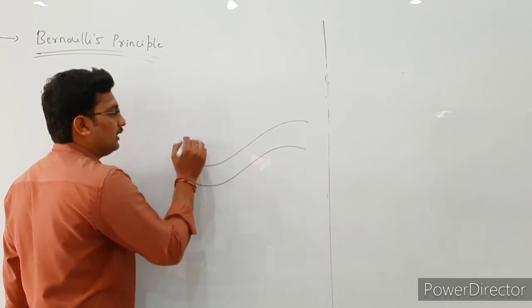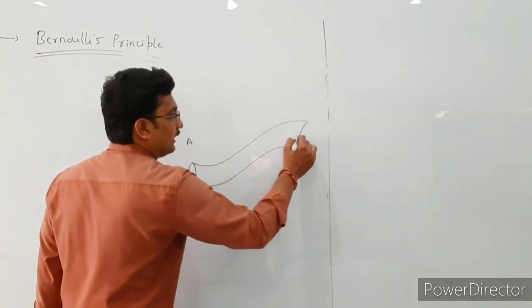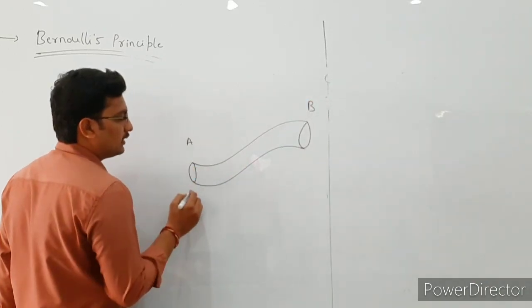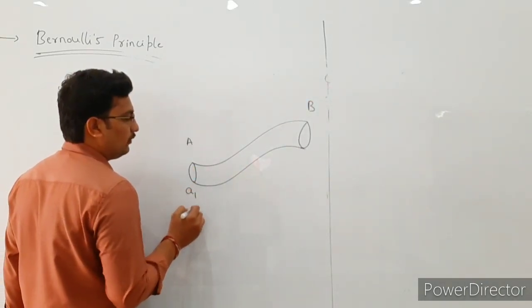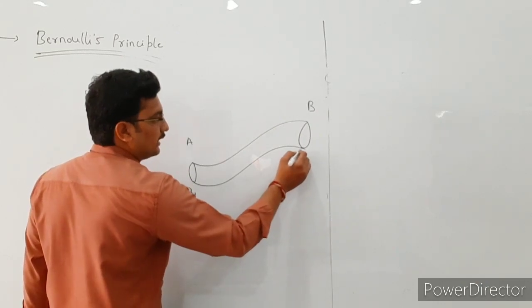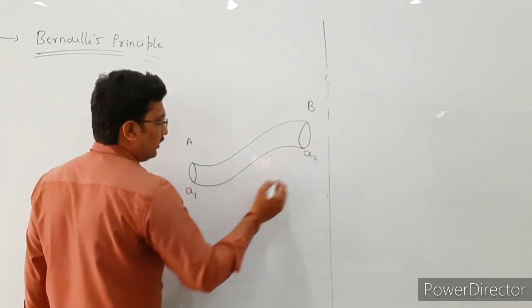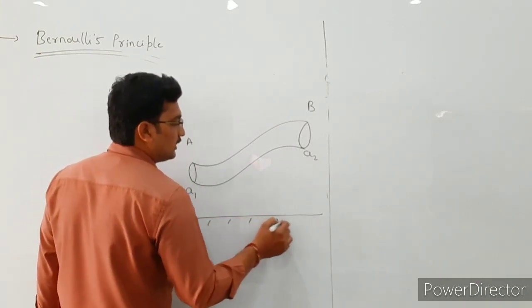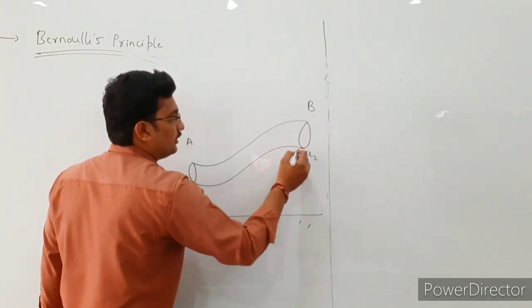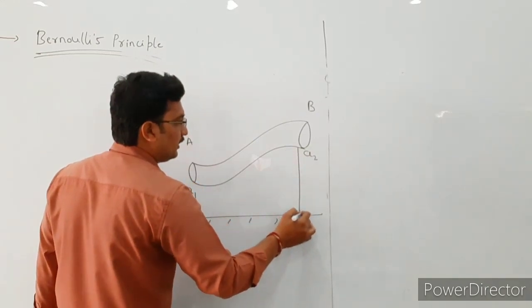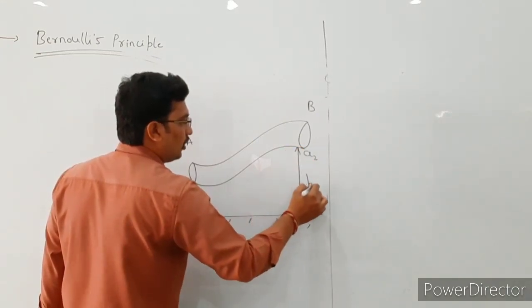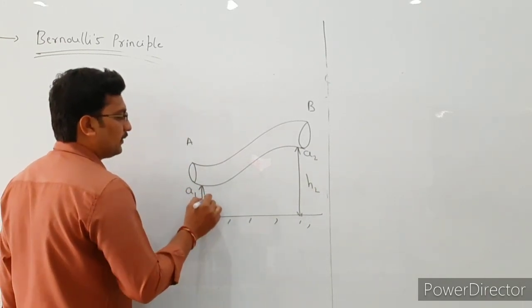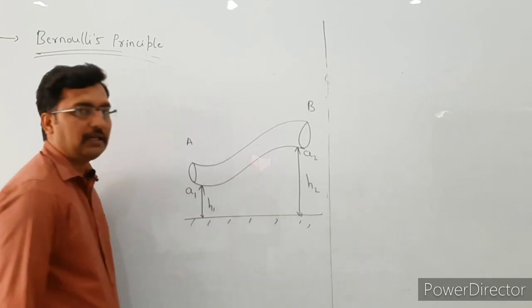This is the first face, that is A, and this is the second face, that is B. The area of cross section of the first face is A1, and of the second face is A2, and this is our reference level or horizontal surface. The second face is at a height h2 from the horizontal surface, and the first face is at a height h1 from the horizontal surface.